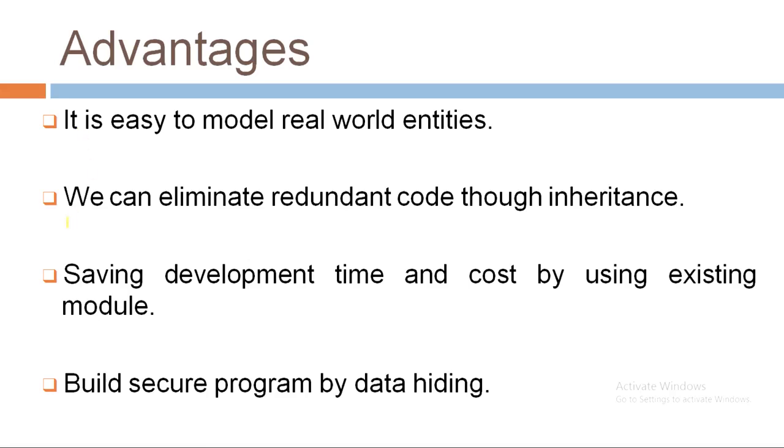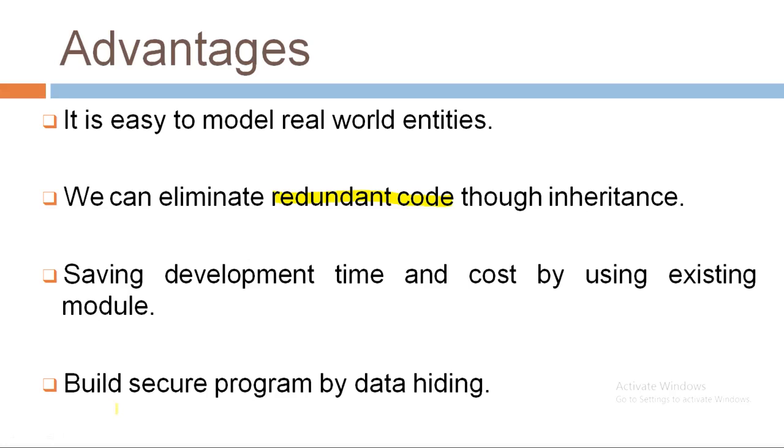The second is that we can eliminate redundant code through inheritance. Redundant means repeated code. If we are writing the same code again and again, it is known as redundant code, and to eliminate redundancy from the program, we use inheritance in C++. If we are not using the same code again and again, it saves our development time and cost. So inheritance provides reusability and eliminates redundancy from programs.